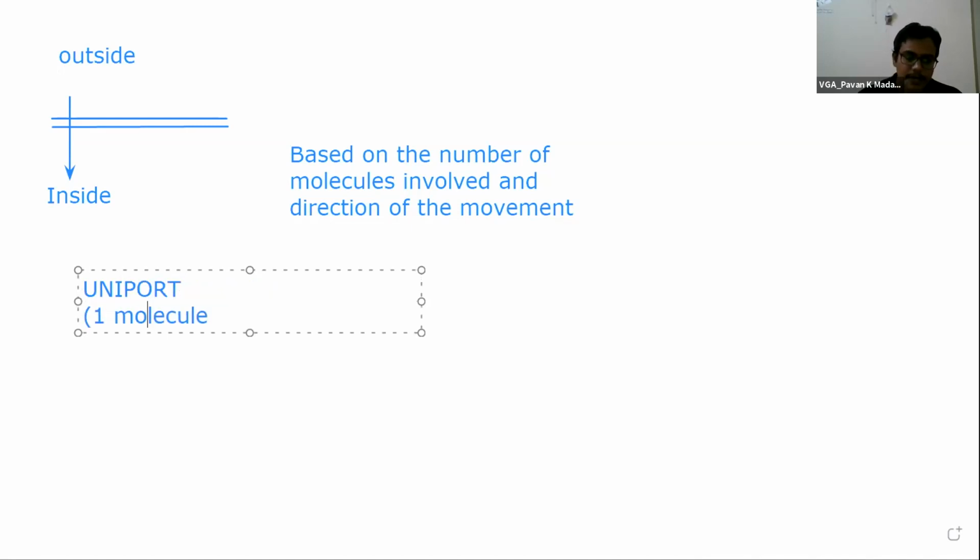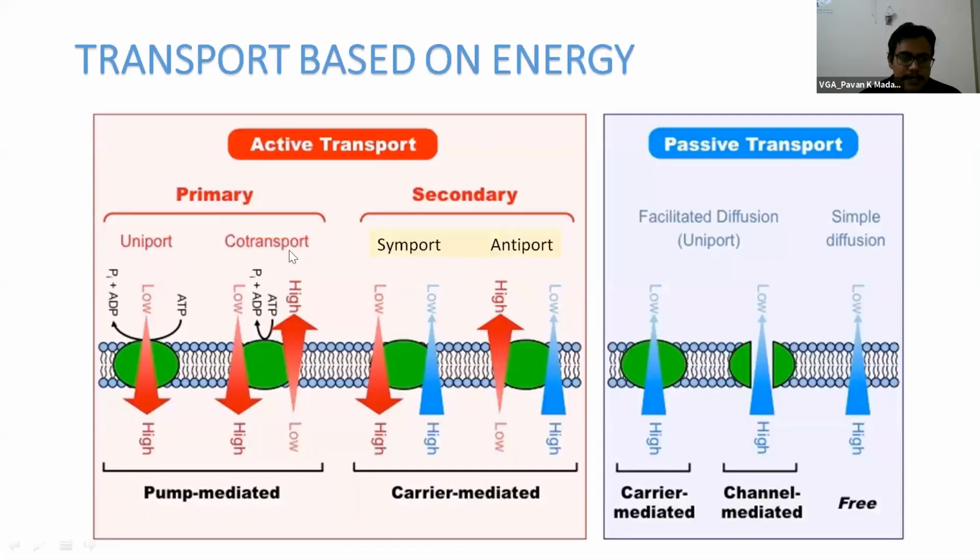Okay. So uni means single one. One molecule is moving, and here we are not specifying direction, because we are talking about one molecule. You can see here we have other terms called co-transport, symport, and antiport.